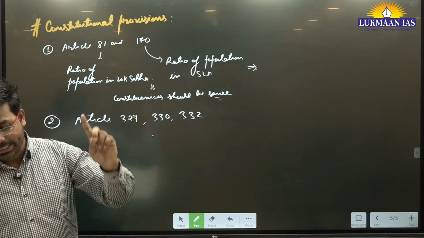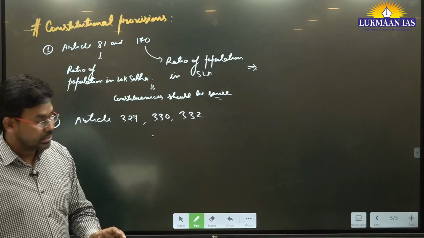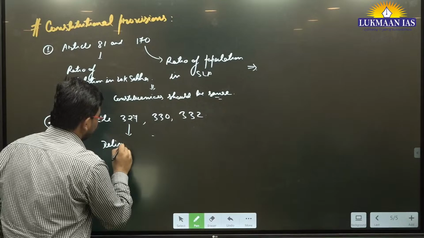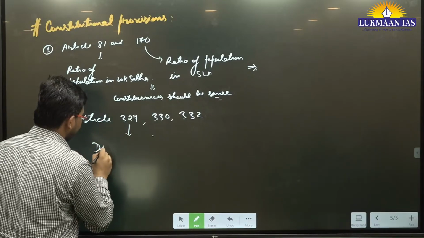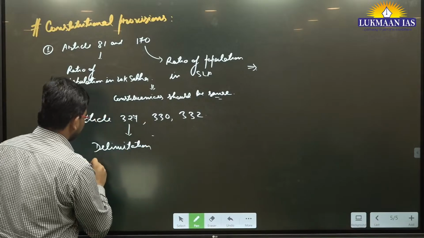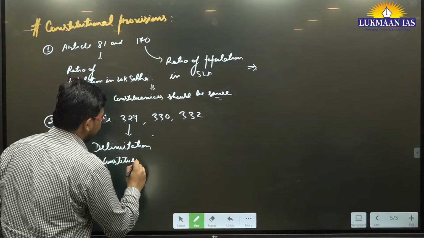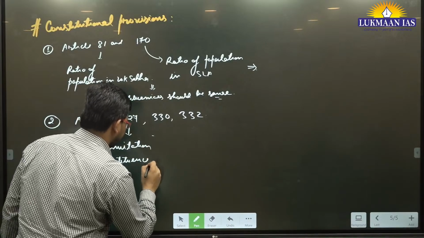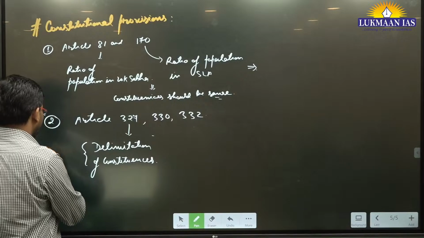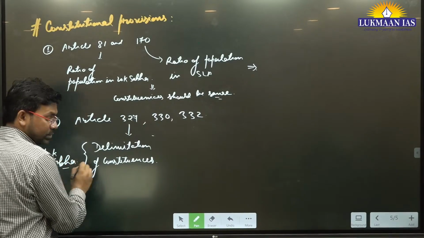Article 327 empowers the Parliament to make laws related to delimitation of constituencies. It talks about how delimitation of constituencies can be done, for example for the Lok Sabha election.